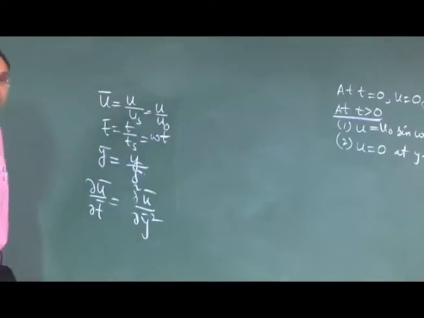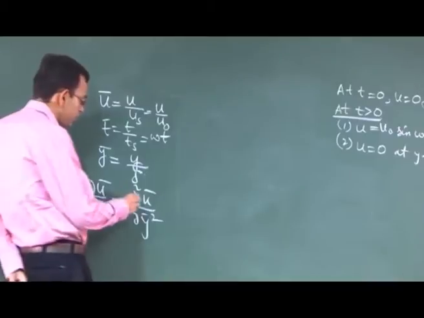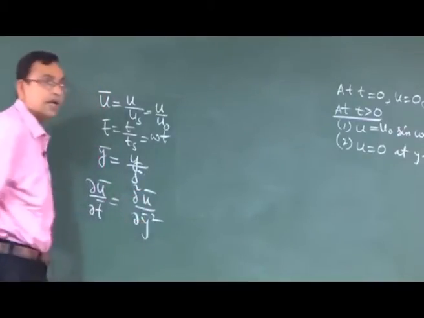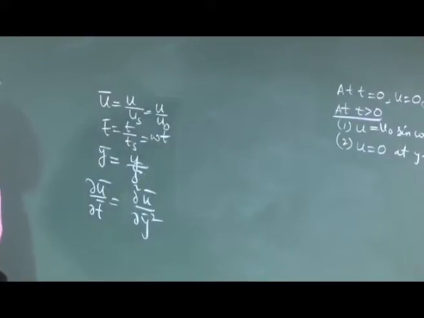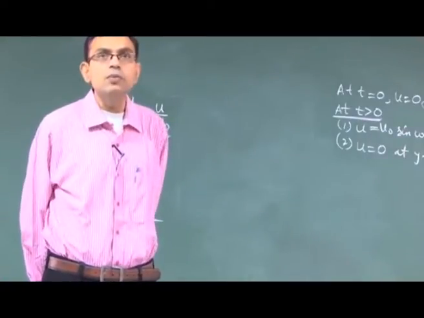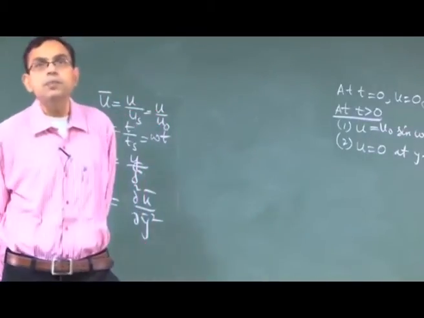So, in this case, although you cannot use a similarity solution, you can still have a separation of variables, where one of the variables will be the spatial variable and the other variable will be the temporal or the time dependent variable.